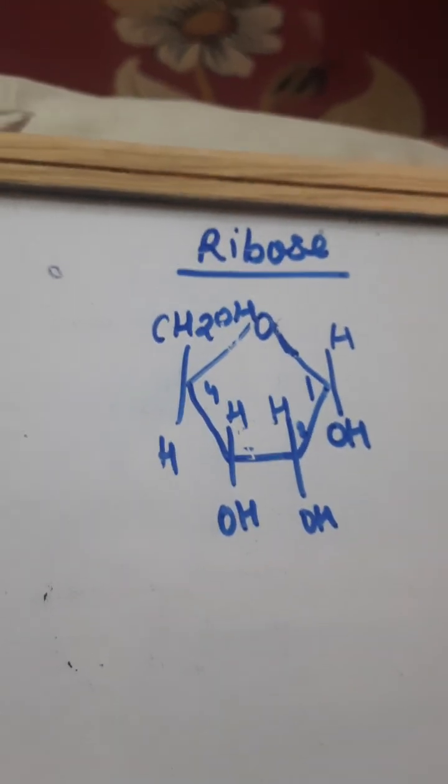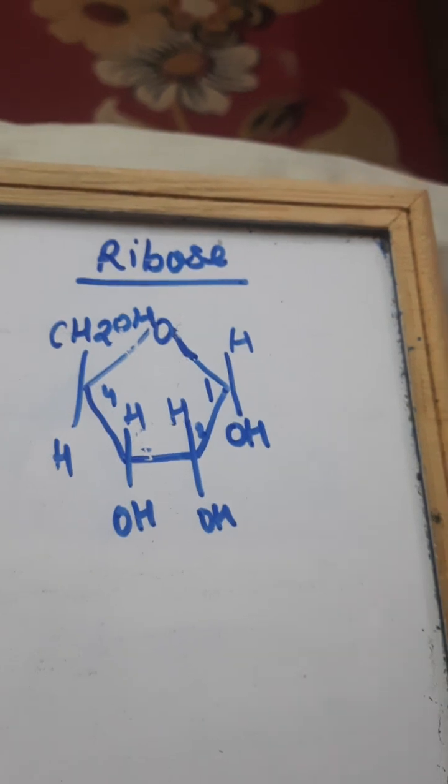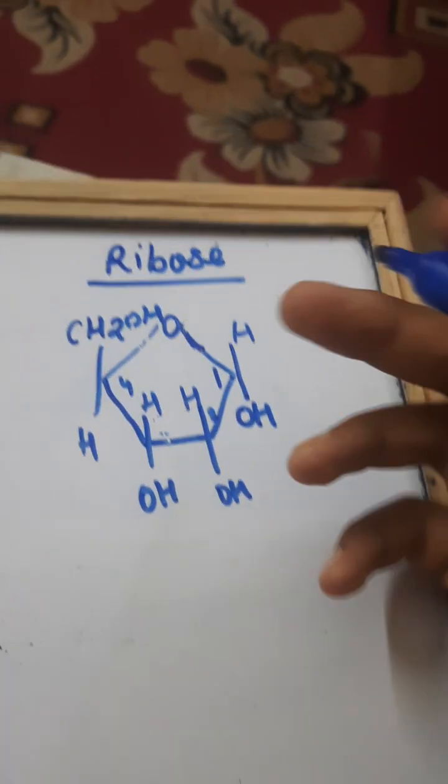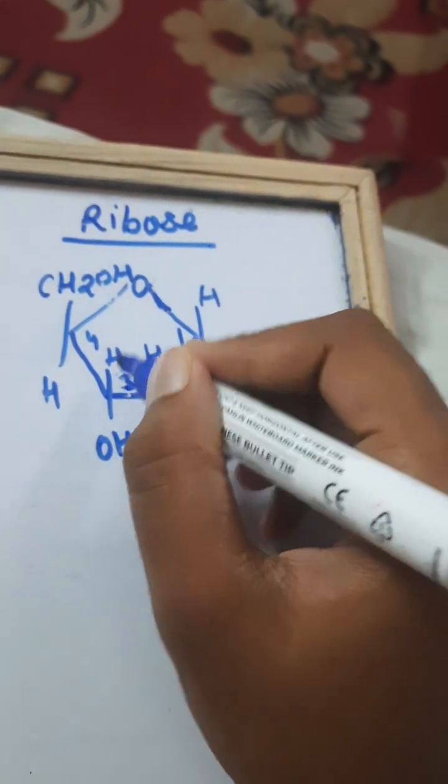Deoxy sugar is the removal, or deoxygenation, of the oxygen at the second carbon of ribose. So we can make deoxy sugar by removing oxygen from the second carbon of the ribose structure. Let's do it. So this was our ribose that we have made earlier. Let's again label it 3 and 4.